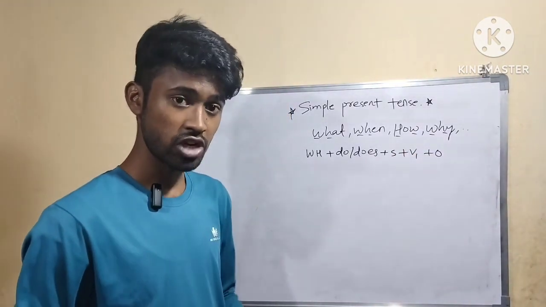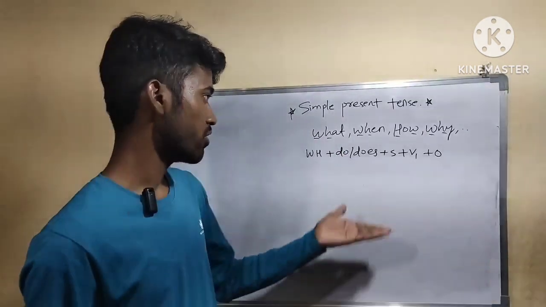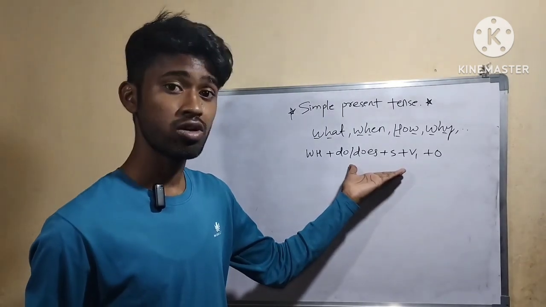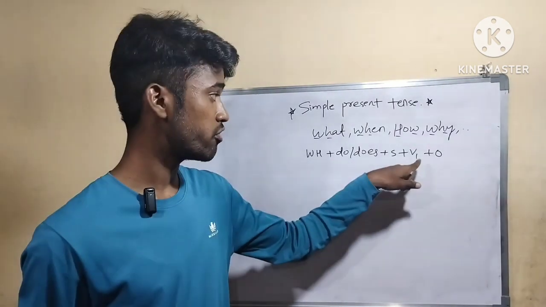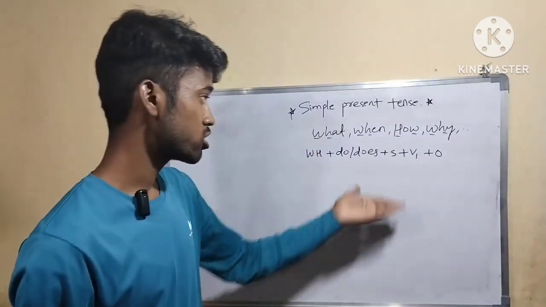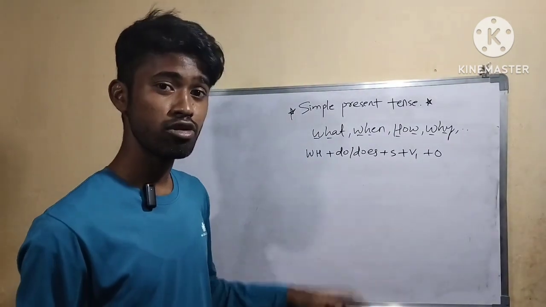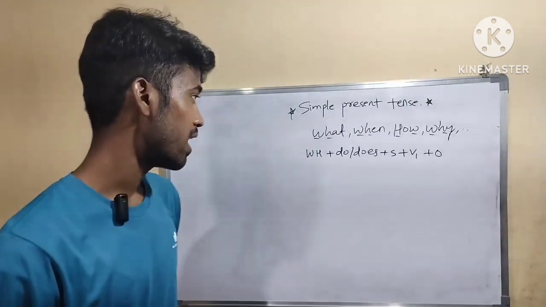So this is the structure for the WH question. It is simple, right? This is the structure for the verbal question: do or does plus subject plus verb first form plus object. If we add a WH word before that, it becomes a WH question.